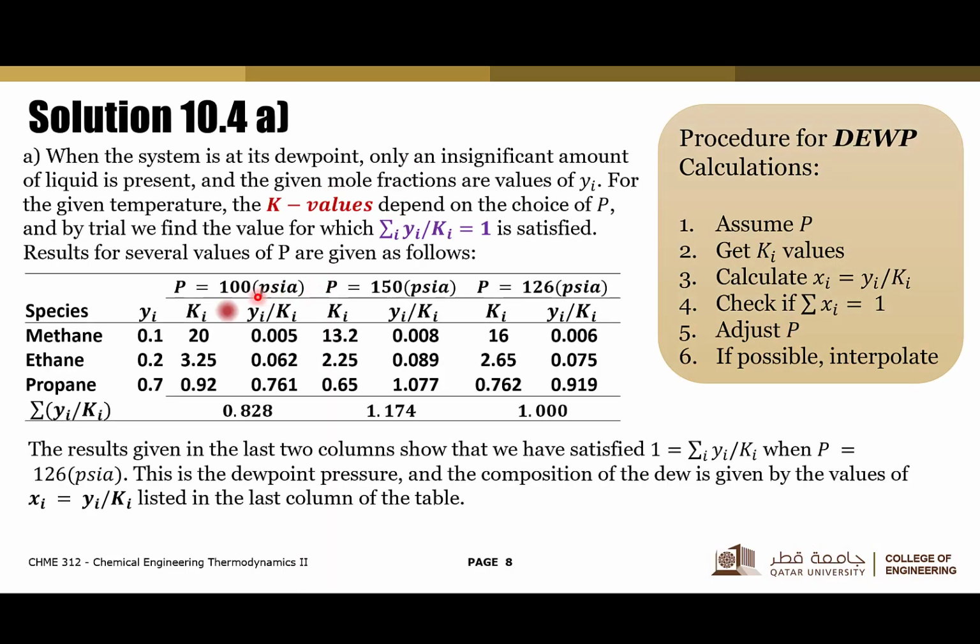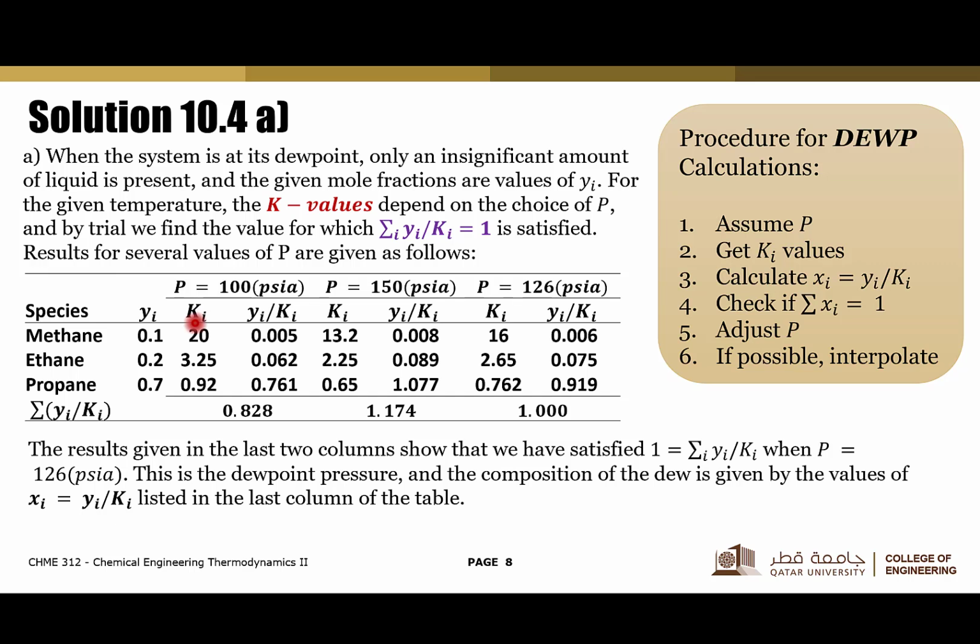At 100 psi from the chart, I found that Ki is 20 for methane, 3.25 for ethane, and 0.29 for propane. Now I calculate what my composition is in the liquid phase, because K is the ratio of Yi to Xi.